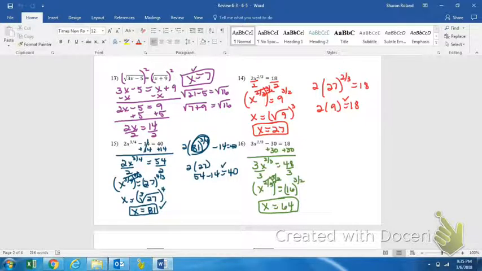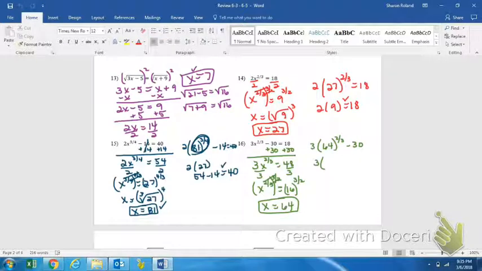To check for extraneous solutions, you have 3 times 64 to the 2/3 minus 30. 64 to the exponent 2/3 is going to be the third root of 64, squared.